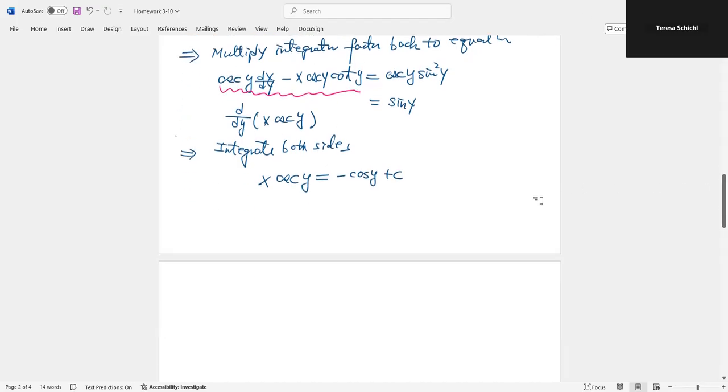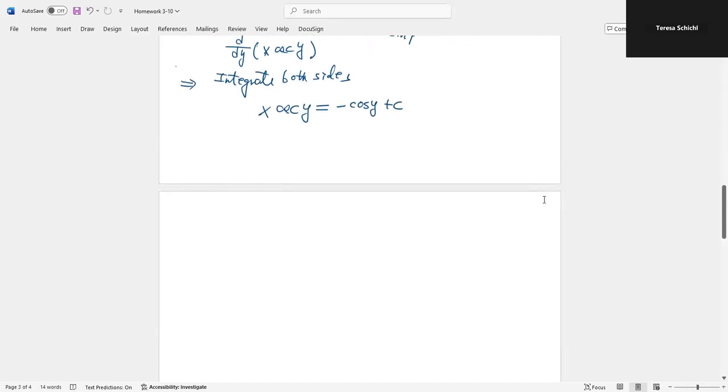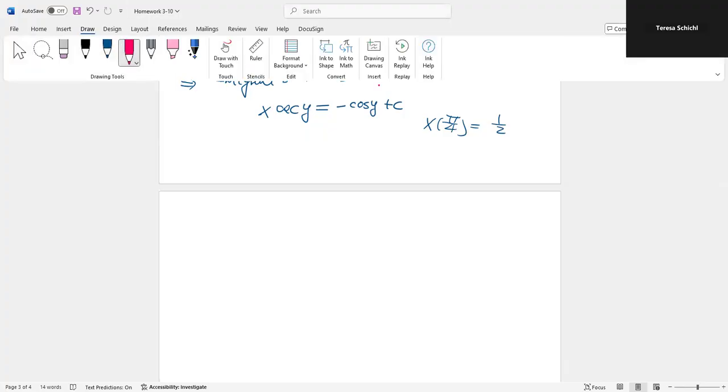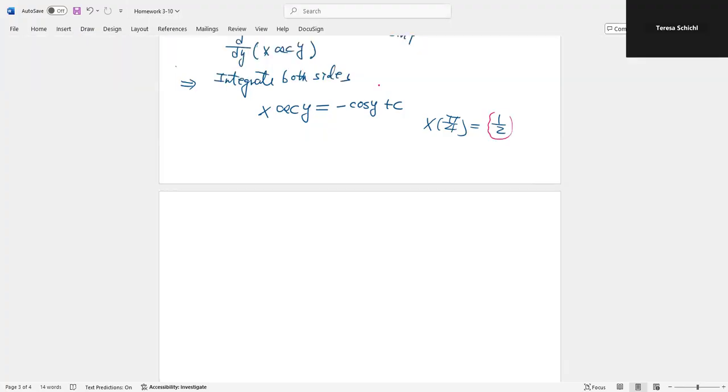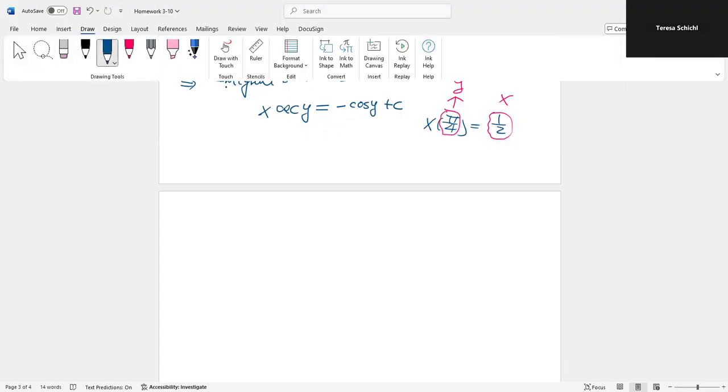Now we can substitute my initial condition. My initial condition here is x of pi over 4 equal to 1/2. Remember, this is the change, so this is my x value and this is my y value here. Let's substitute into my equation.